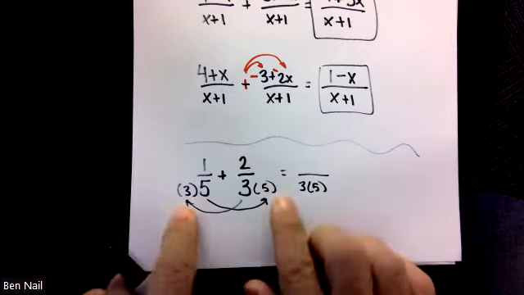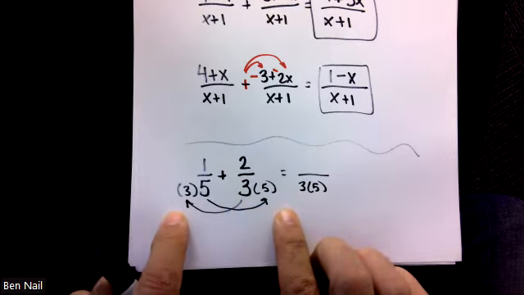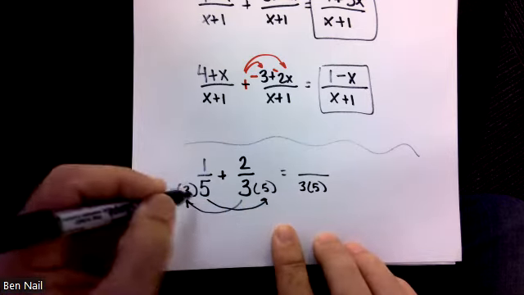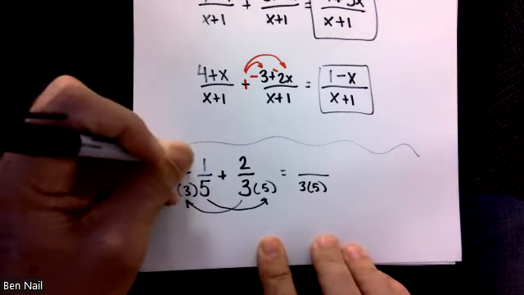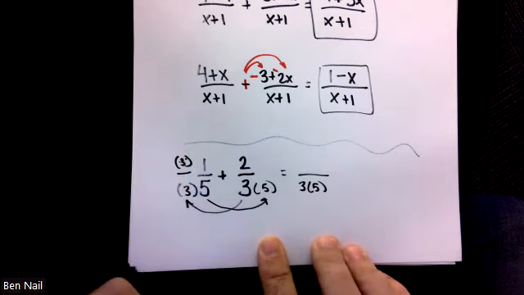Now, we can only do that because equivalent fractions, whatever I multiply to one side, as long as I multiply it to both the numerator and the denominator, we're just creating, okay, a common or equivalent fraction.